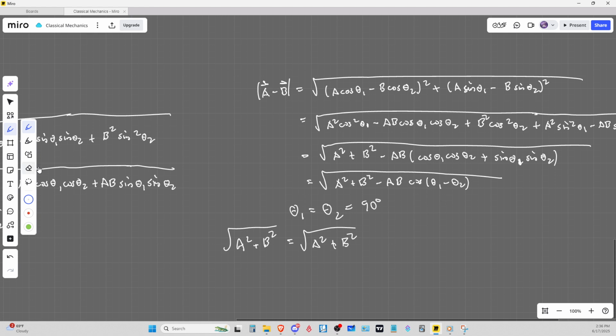Oh, no. That doesn't work either. Let me just erase this. We're getting pretty close, because we just want the magnitudes to be the same.